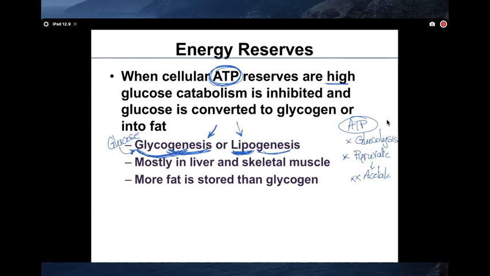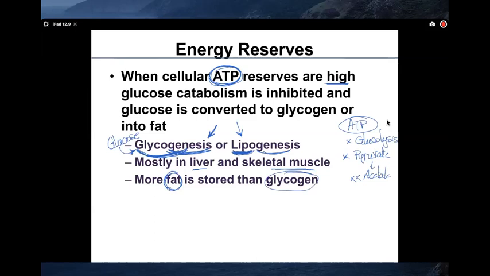Glycogenesis is going to be mostly taking place in the liver and skeletal muscles, but your body tends to produce more fat than glycogen.